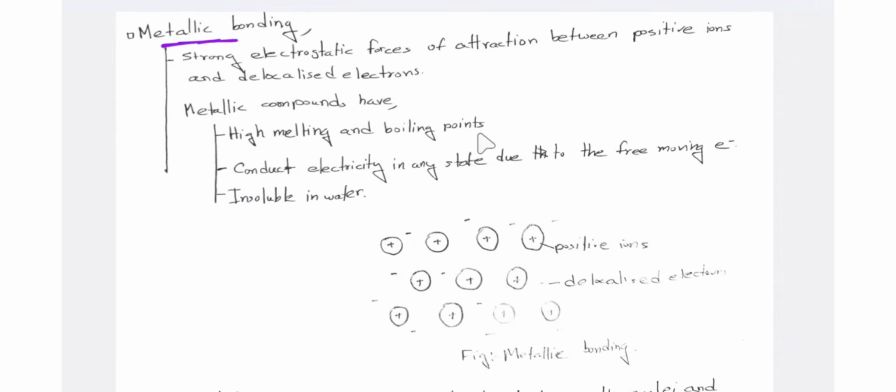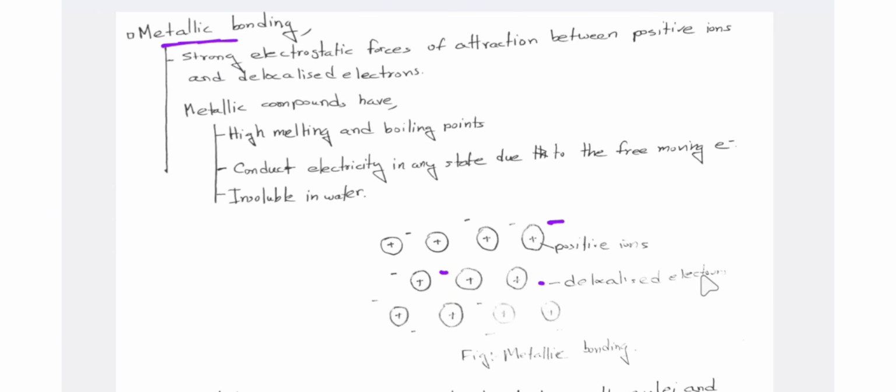For metallic bonding, whenever you are asked to show metallic bonding in the question paper, such as in paper 2, you can draw this diagram of positively charged ions surrounded by delocalized electrons.